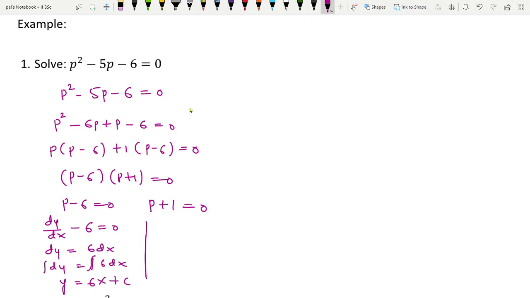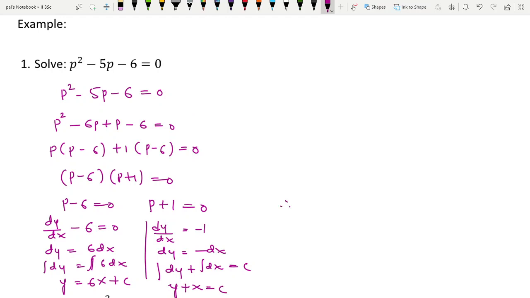Similarly, if you solve p plus 1 is 0, p means dy by dx. Dy by dx is equal to minus 1, or you can write dy is equal to minus dx. So integrating this, you take this minus dx to the left hand side, integration of dy plus integration of dx is equal to c. So that is y plus x is equal to c.